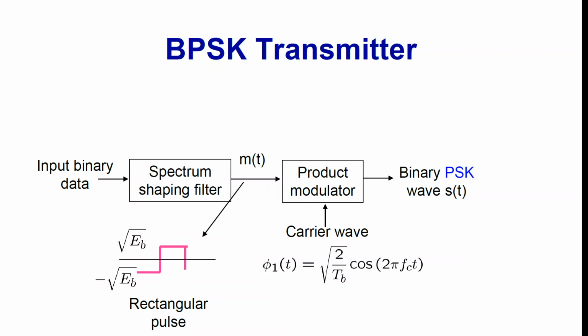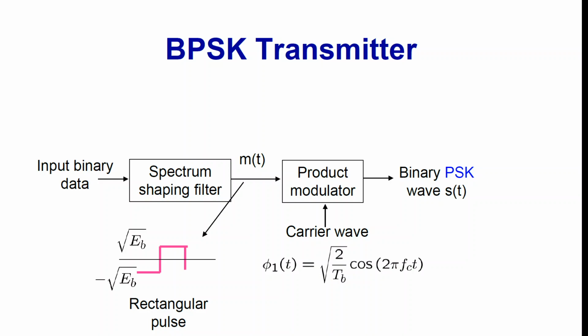Then we will multiply it with a carrier wave. Phi 1 of t is root of 2 by TB cos 2 pi fc t. So phi 1 of t into root EB will be root of 2 EB by TB cos 2 pi fc t, and phi 1 of t into minus root EB will be minus root of 2 EB by TB cos 2 pi fc t.